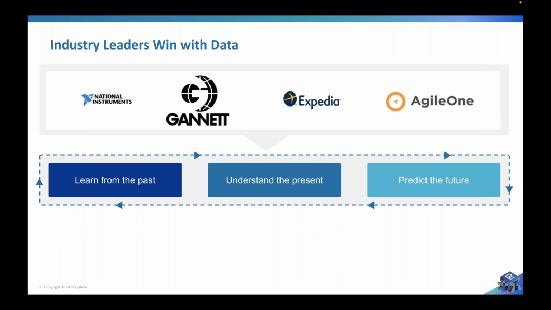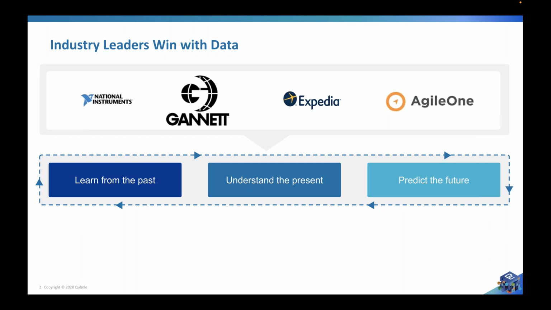Qubole was formed in 2011, and from there onwards, one of the things Qubole has been good at is understanding the data, processing large sets of data, and doing a lot of AI/ML. The companies Qubole works with, like National Instruments, Canet, Expedia being one of our largest customers, and Edelweiss, are leaders in their industries.